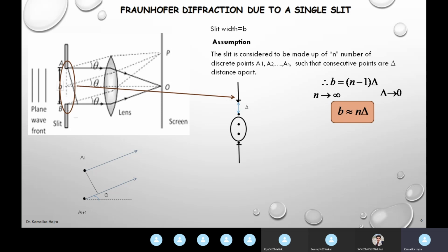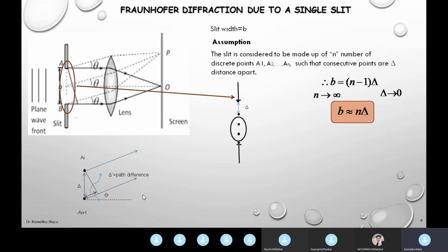What I do is I draw a perpendicular from the ith point onto the second diffracted ray. So if this distance, which I have assumed to be delta, is the distance between 2 consecutive points, this distance here that I have drawn with this arrow is the path difference delta prime, the path difference between these 2 rays.